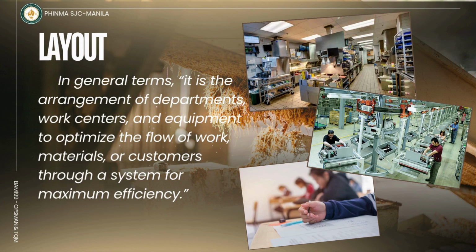Just like in the photos, there are specific stations and people doing specific processes, and it helps make production very organized and efficient. In this photo, you can see an assembly line in a fast food chain. There is a place where they prepare the burgers, and another place where they do the pasta and other items.